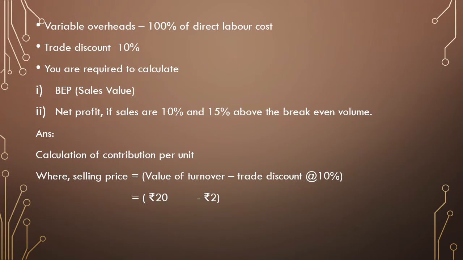The value of our turnover in the given example is rupees 20. 10% of that 20 will come as rupees 2. By deducting 2 from 20, we get our actual selling price, which is rupees 18.